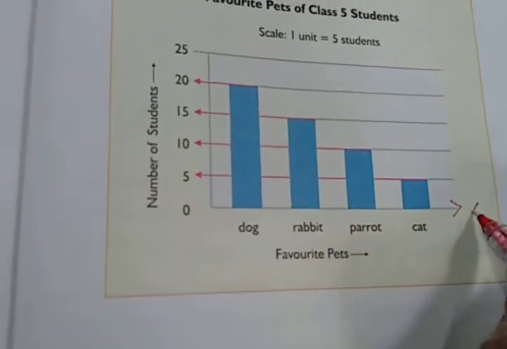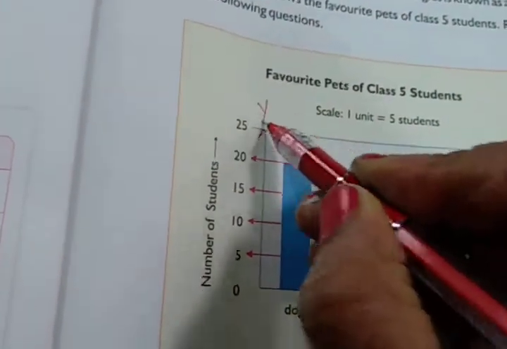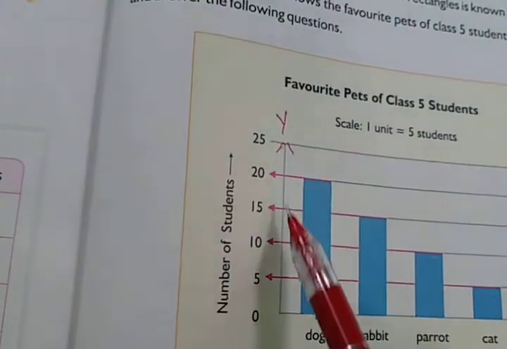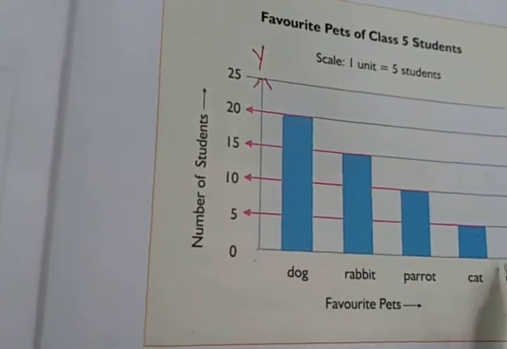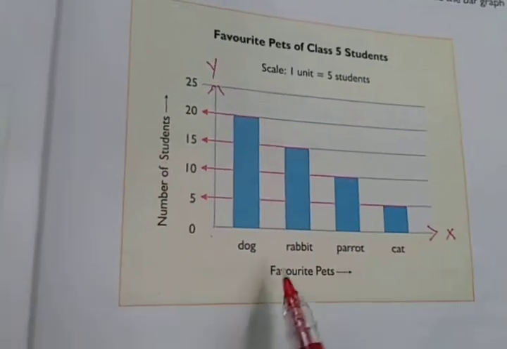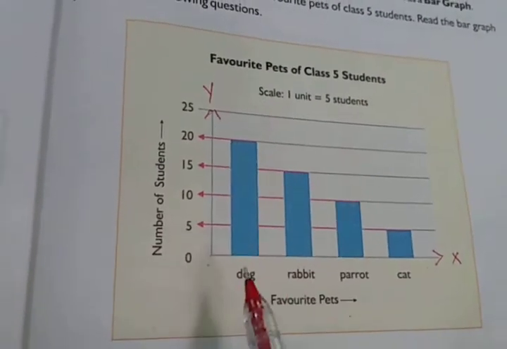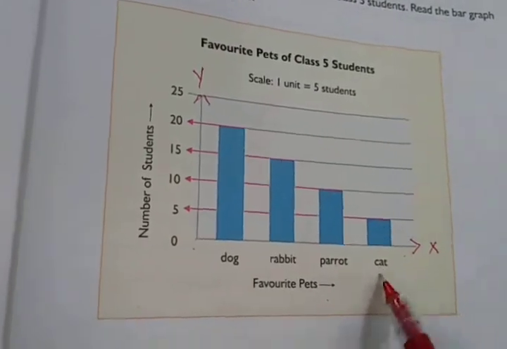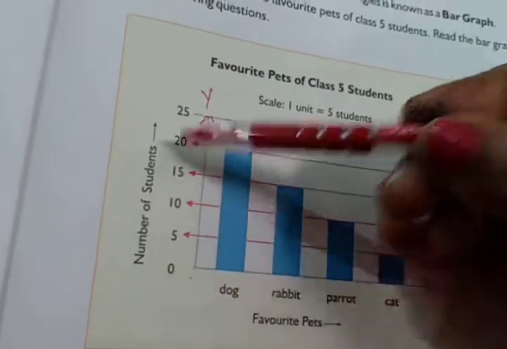We call this the x-axis here. This is the vertical axis. Horizontal axis and vertical axis. On the horizontal axis, what do we take? We take favorite pets. Favorite pets are dog, rabbit, parrot, cat. And on the vertical axis, we take the number of students.